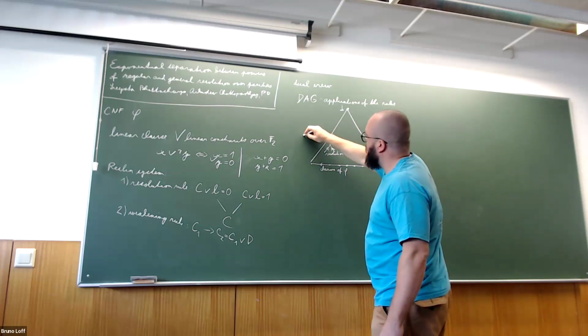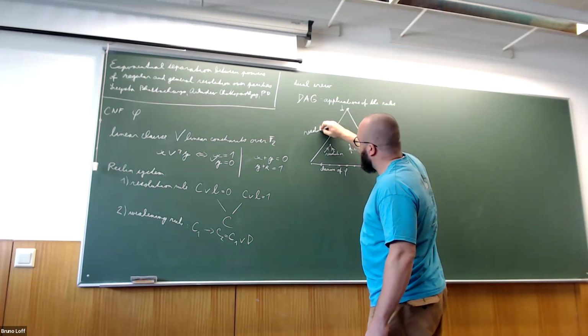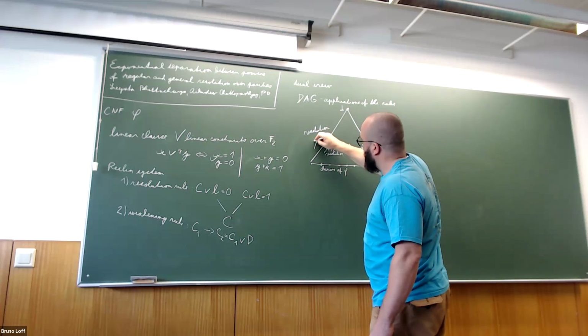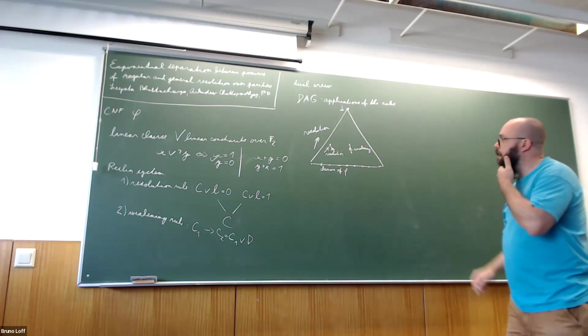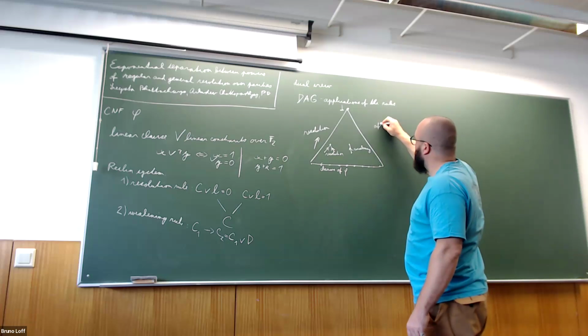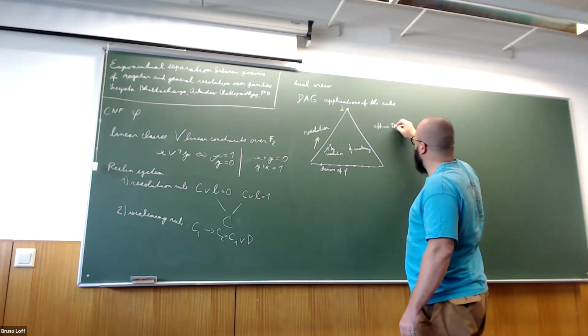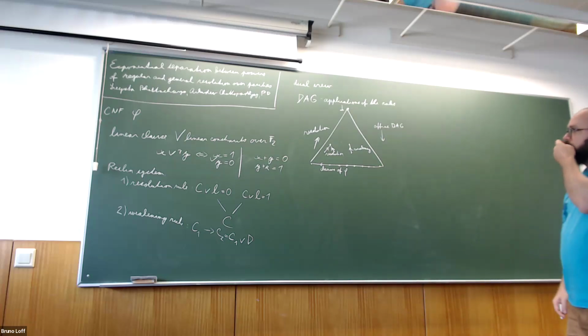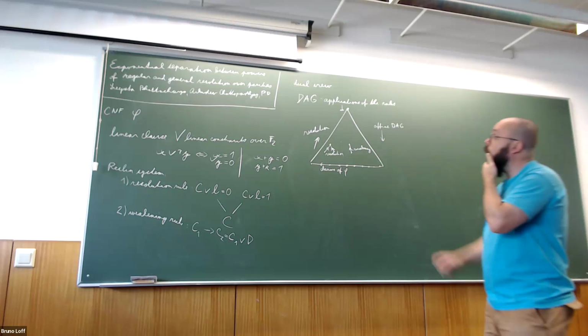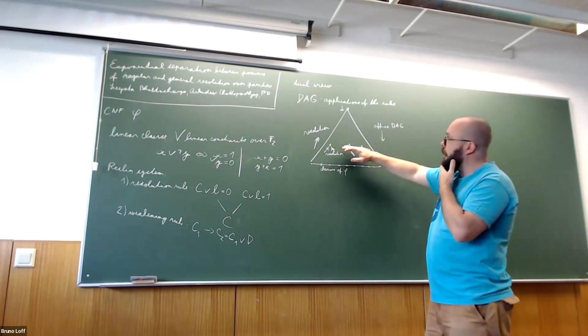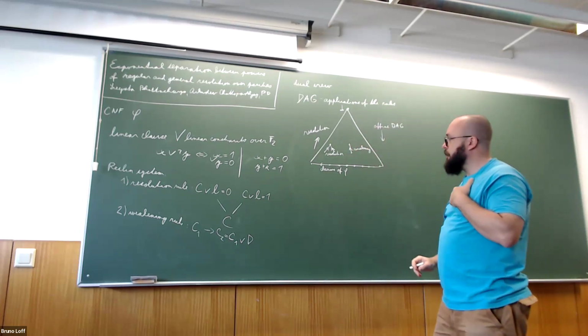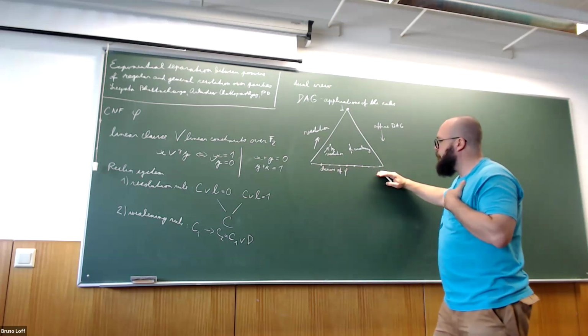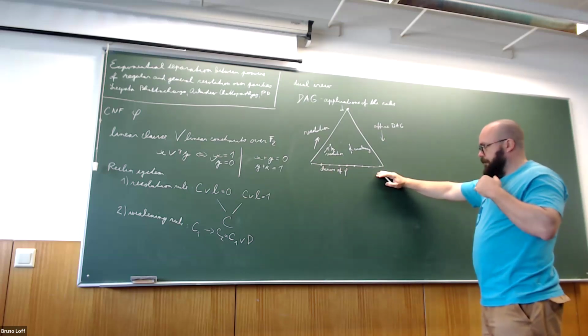So resolution is bottom up. Affine DAG is top down, right? And I said we negate all the clauses that are labeled on the graph.